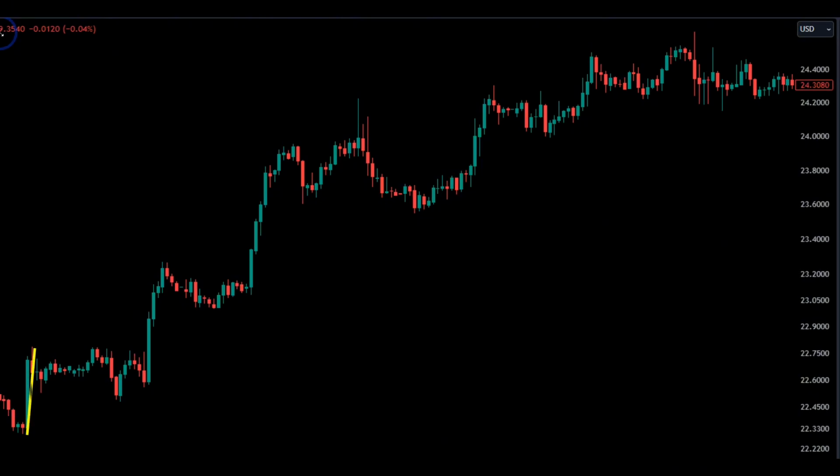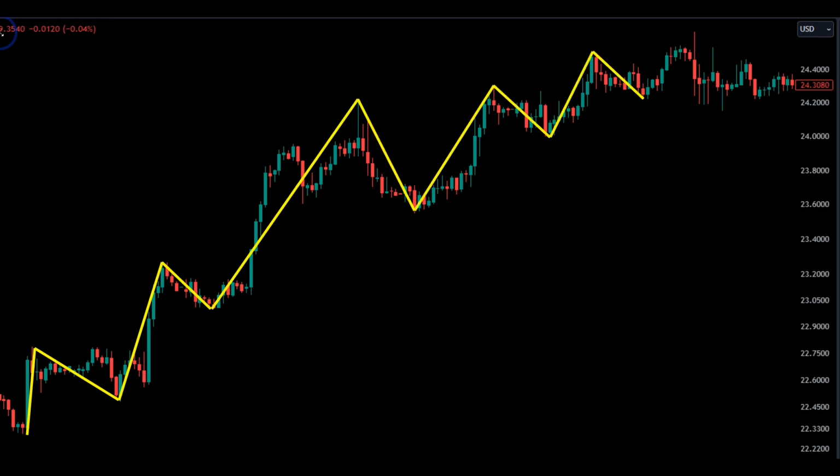In an uptrend, the market is consistently moving higher, with each peak and trough showing an upward movement, indicating strong buying pressure.